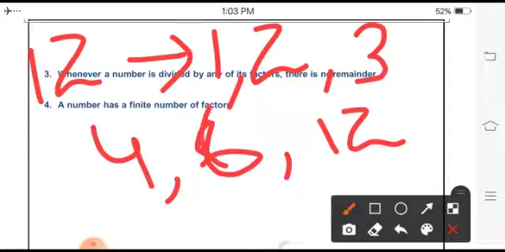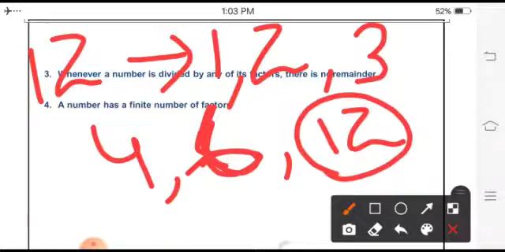These are all factors of 12, and you can see the greatest of all is the number itself. There is no number beyond 12 which can divide 12 exactly. That means a factor is always smaller than the number itself, either it's itself or smaller than itself.